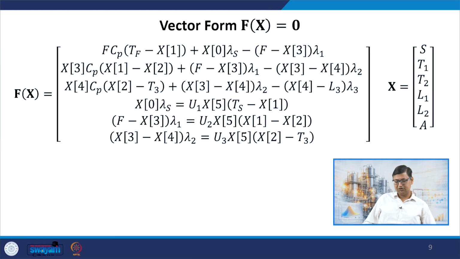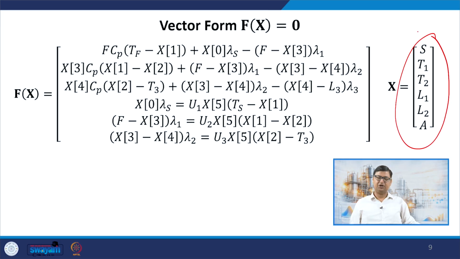Okay. So this is my function vector and this is my unknown vector. You see I had 6 unknowns, I have put them here.